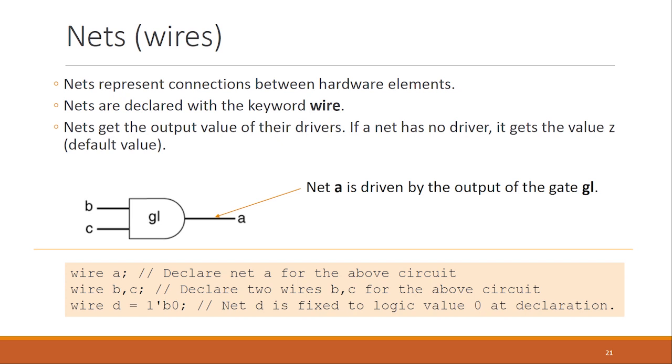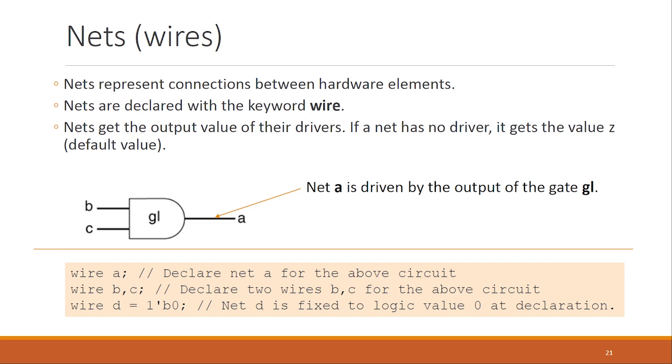Wire A, you can say wire A to declare a wire called A, where wire is the keyword and A is the identifier. Similarly, you can declare wires or nets for B and C with wire B, comma C.